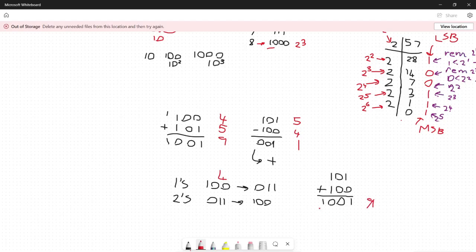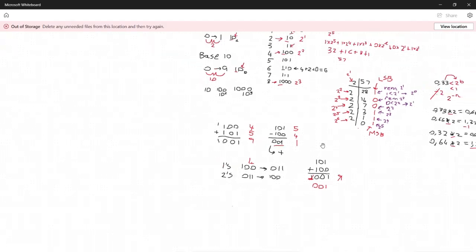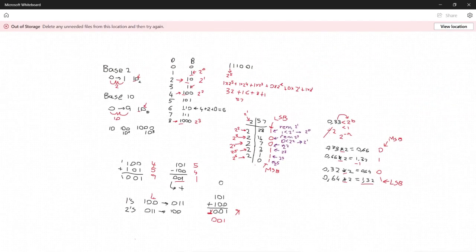We did 1's complement and 2's complement, so this digit here is just ignored. It's thrown away almost. And the answer we're left with is 0, 0, 1, which is the same answer that we got here. And this method really helps with computing, which once again we'll get to in the next lesson.